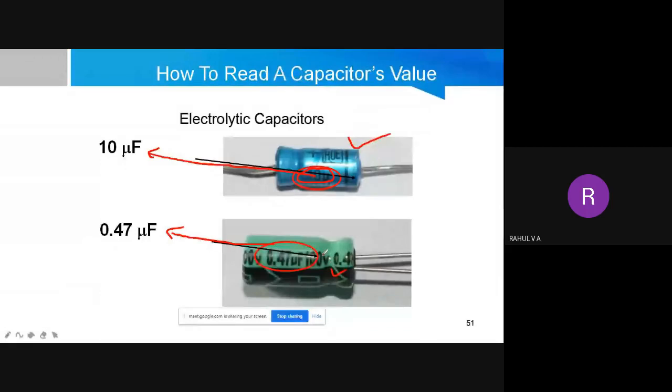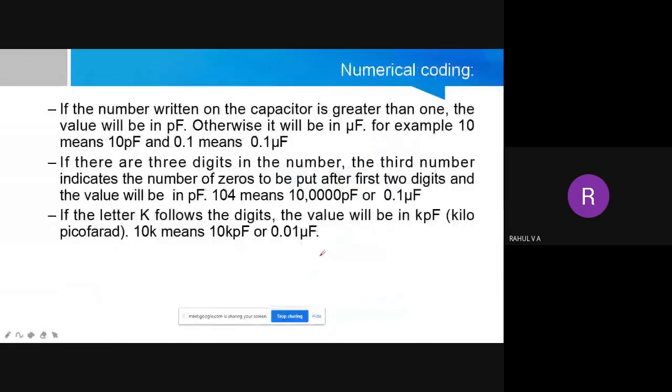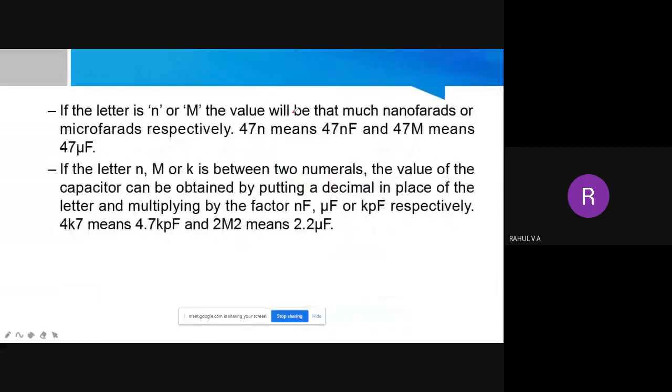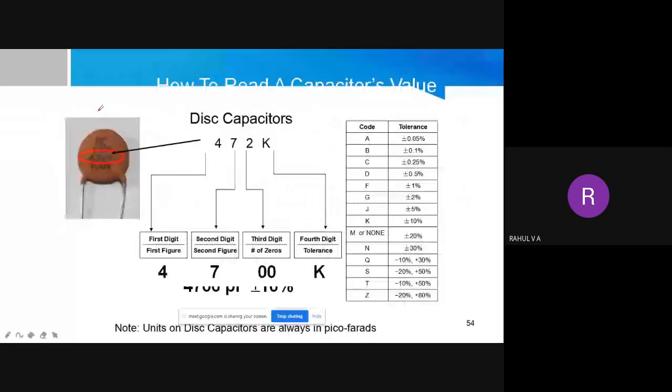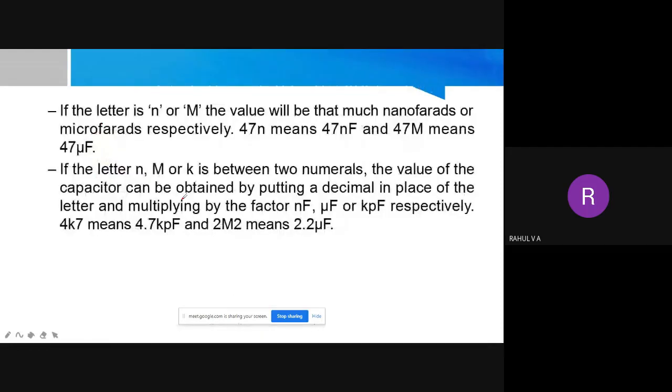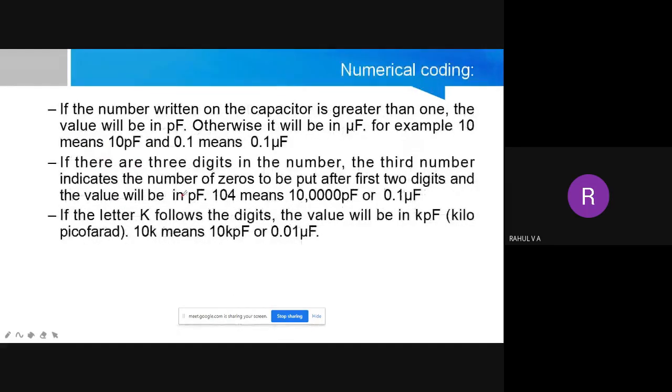And there is numerical code, especially that is followed in the case of ceramic capacitor. On the ceramic capacitor, they will be printing some numerical code. You have to decode it so that you will get the actual value of the capacitor. Okay, so also we will see this one.